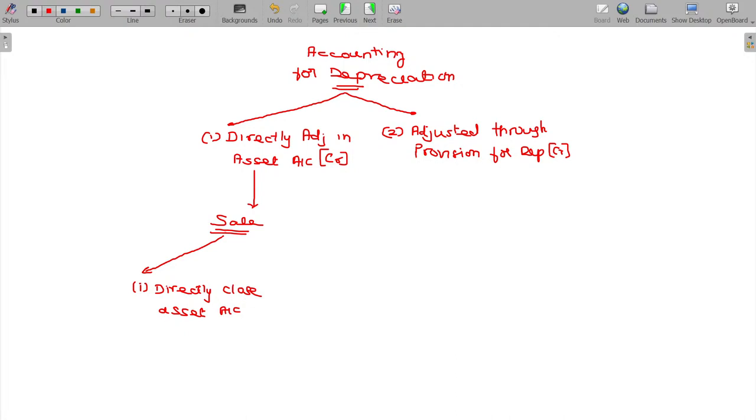Of course, rather than this way, we have one more route, which is nothing but routed through the asset disposal account. Okay, through the asset disposal account.